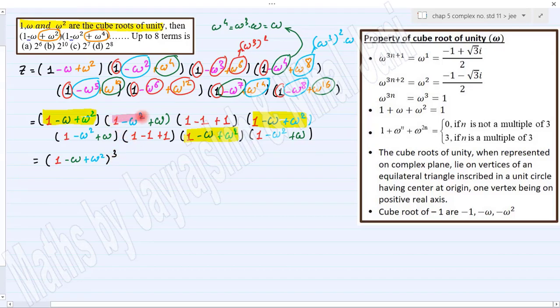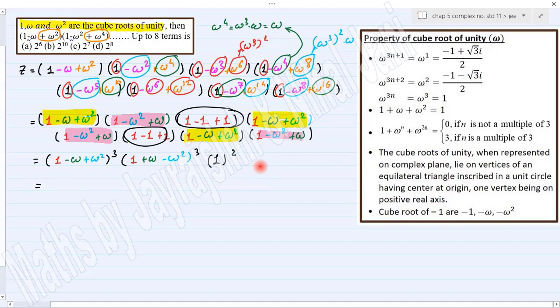Similarly, 1 minus omega square plus omega is also 3 times. So we will get 1 plus omega and minus omega square raised to 3. And this 1 minus 1 plus 1 will become 1. So we don't have to worry about this one square.